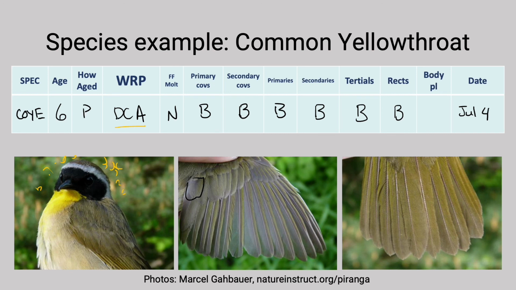A bird that had somehow just finished a super early pre-basic molt wouldn't have quite such a ragged tail yet. But it doesn't matter, because he's still going to be definitive cycle basic, I suppose, in that case. And that's why you need to pay attention to those dates. So that can be a little tricky, and that's something that you'll want to read up on and understand the timing of alternate molts in birds at your station.